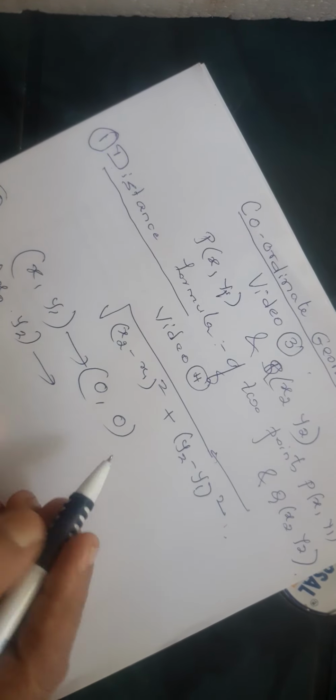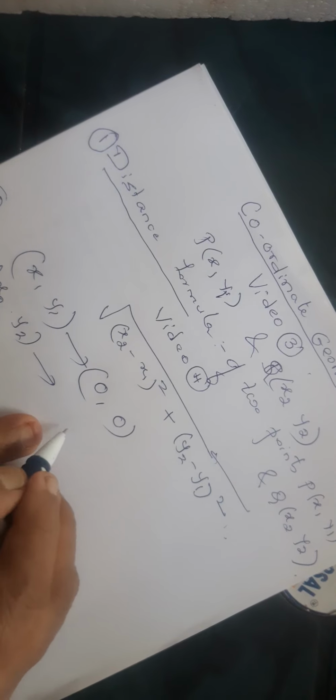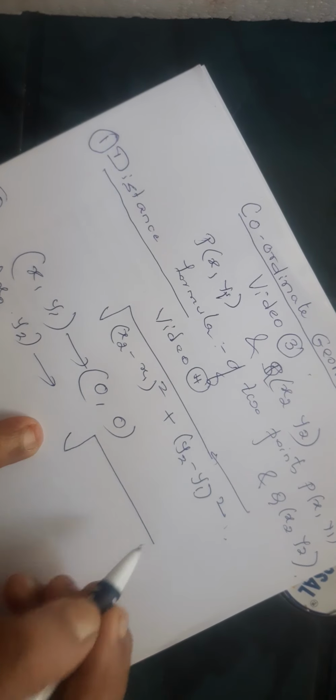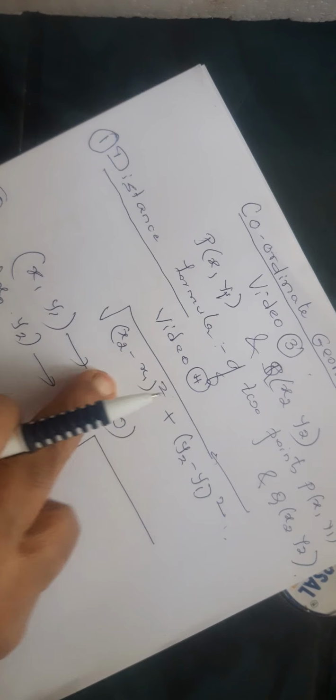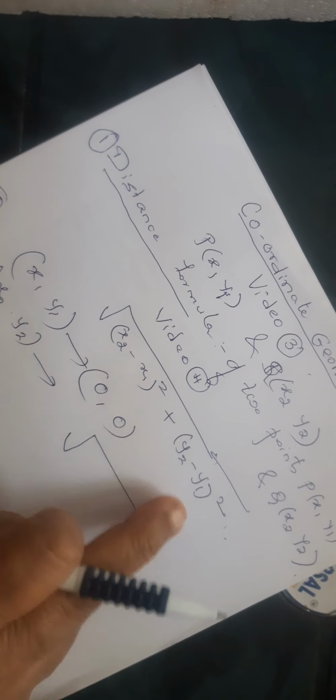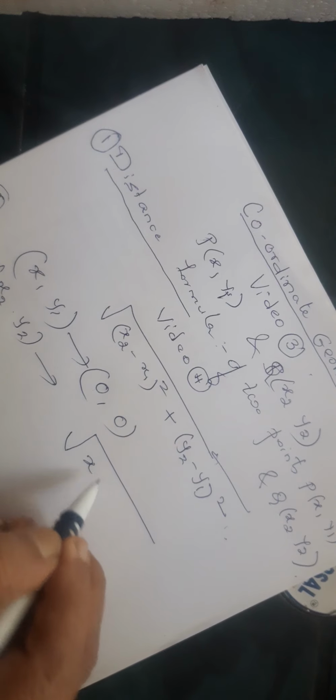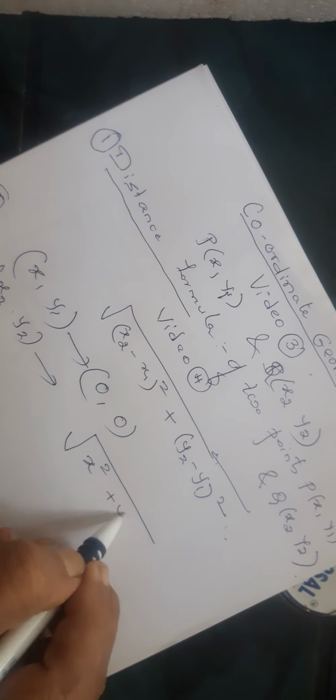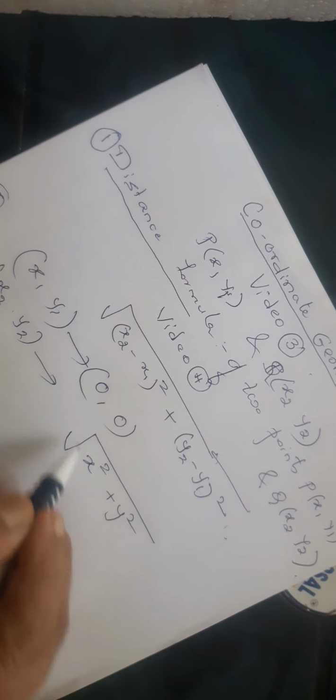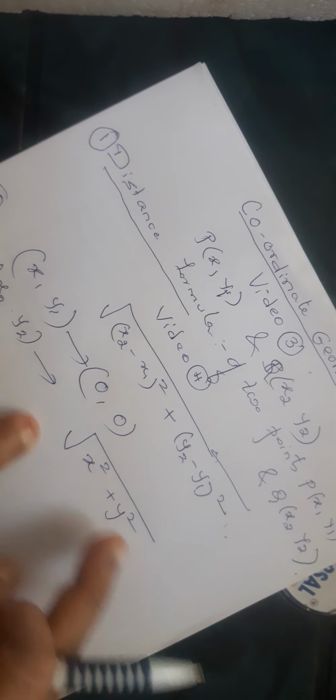We had done one formula there, very, very simple. The same thing: x1 we put 0, y1 we put 0. So we get x squared plus y squared. In this case it will be x2 squared plus y2 squared.